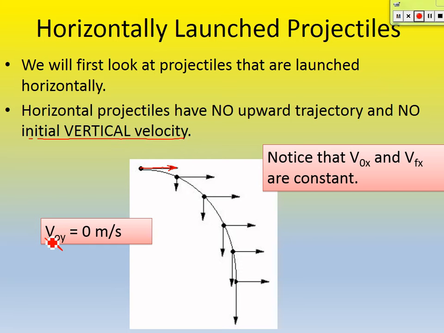That's why you see right here, velocity initially in the y direction is always going to equal 0. Whenever something is launched horizontally, it's like you just drop it. Initially, its vertical velocity starts at 0. And so that's going to be an important thing to remember. If it rolls off the table, it's just like it was dropped off the table. Its vertical velocity has got to start at 0.